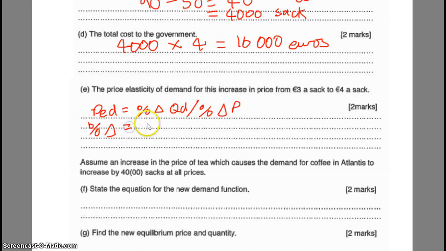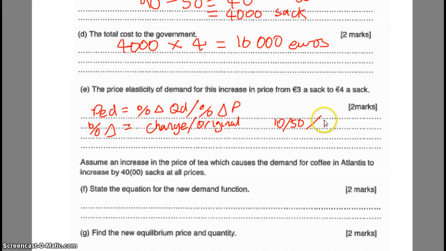Percentage change equals the change divided by the original number. So percentage change in quantity demanded was 10 divided by the original number 50, and then that's divided by the percentage change in price.